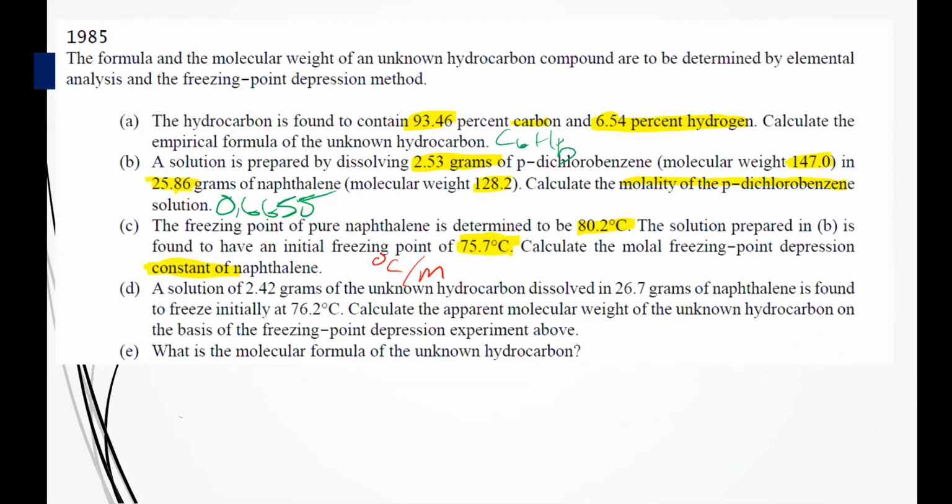So if we want to figure out how far down it's gone, we take the 80.2 degrees Celsius, we subtract the 75.7 degrees Celsius, and this tells us how much we've depressed our freezing point. Right? We've lowered it 4.5 degrees.